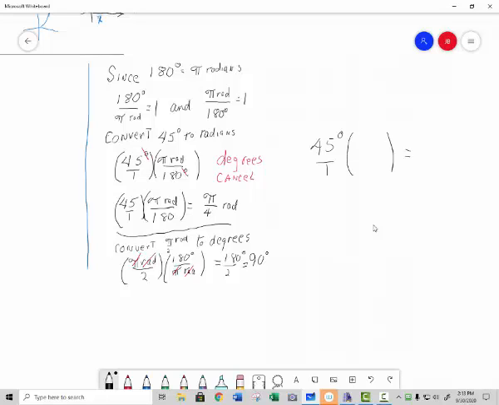The only thing I have to remember is I have to have degrees in the bottom, because I want the degrees to cancel. How do I get the degrees in the bottom? Well, that's 180 degrees, and pi goes on the top. So if I cancel 45 and 180, that should be about 4. So I'll end up with pi over 4, and I know that that's radians.